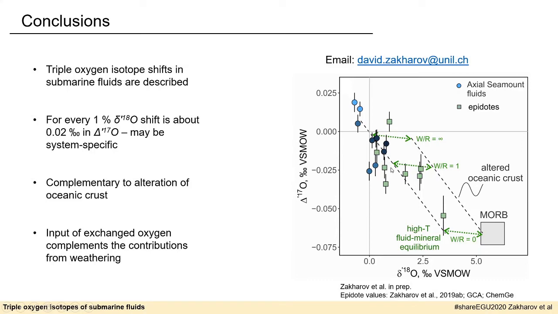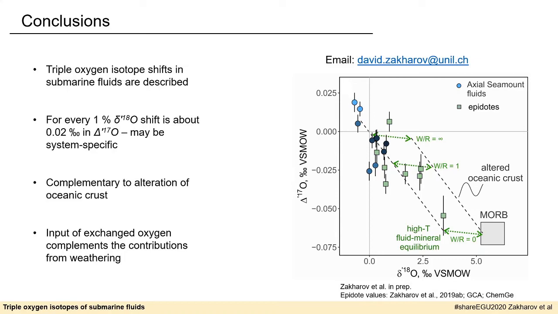The delta 18O values would fractionate within plus or minus 1.5 per mil, while the 17O values of epidote and fluids would be within the analytical uncertainty due to the high temperature stability of the mineral. To remind you, the epidote stability field starts at temperatures of about 250 degrees Celsius.